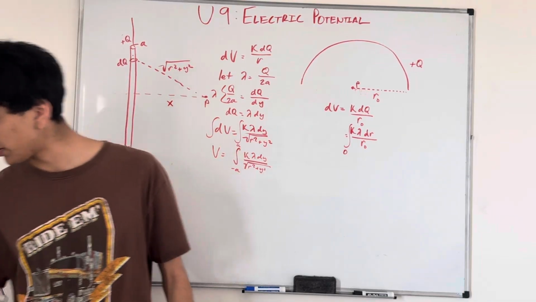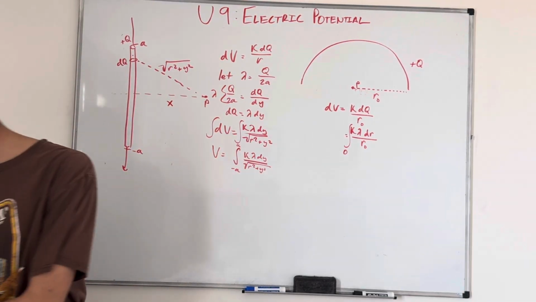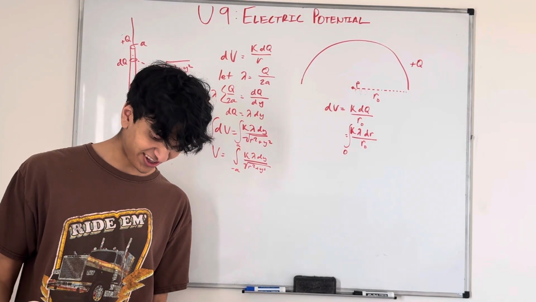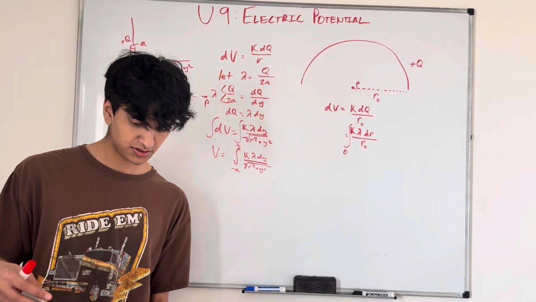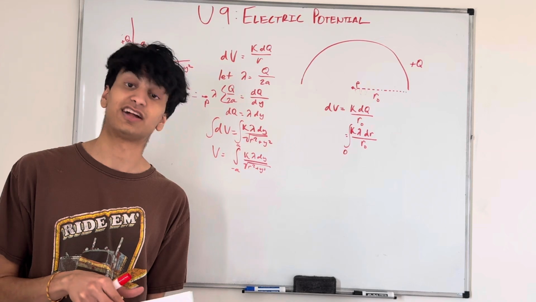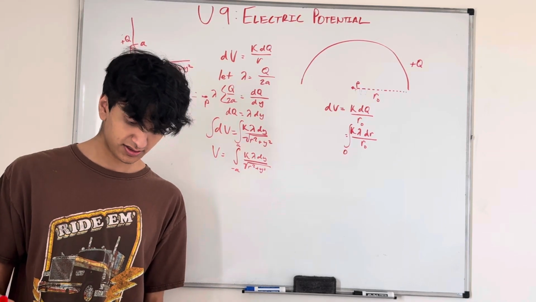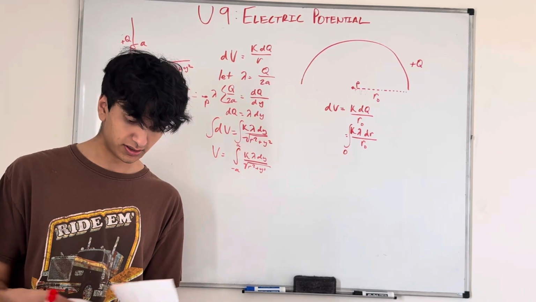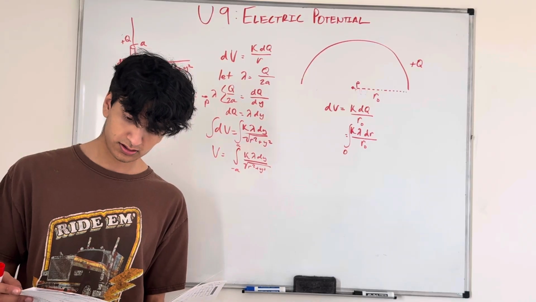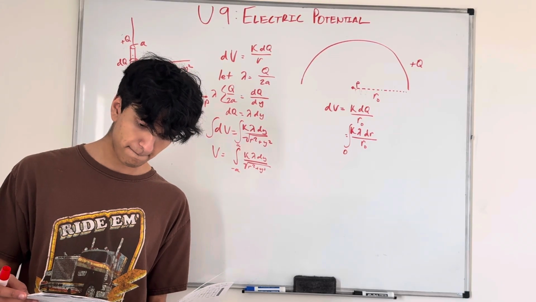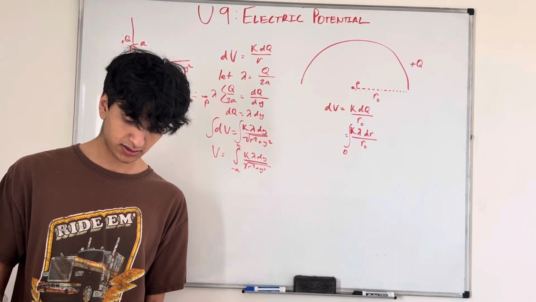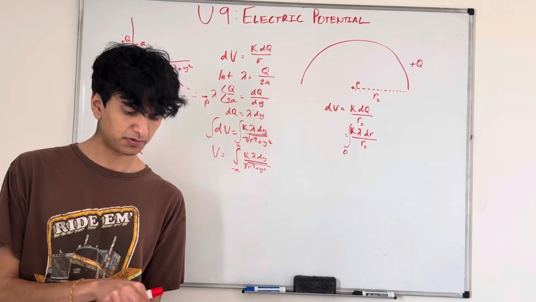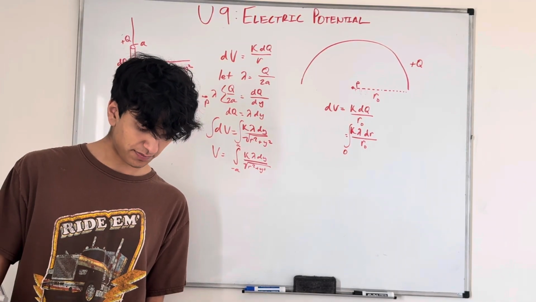Shoot, why am I forgetting this? I promised myself I was going to wing this, and then I realized I might have to take some angles. That's unfortunate. Let me see if I did this in my packet somewhere.